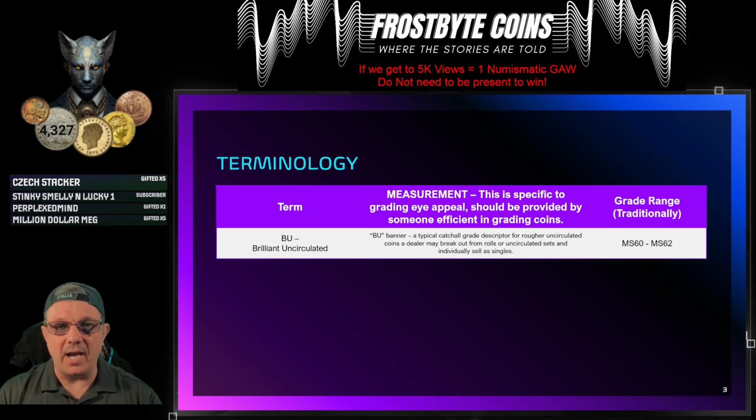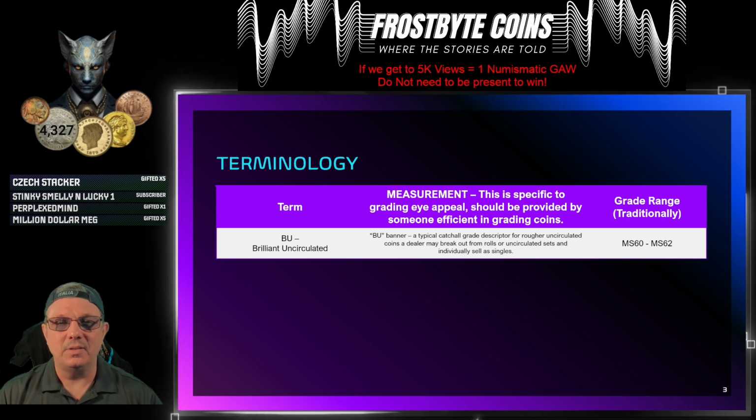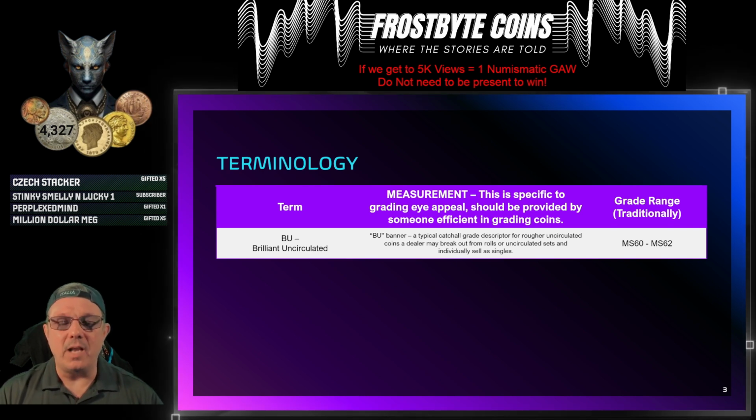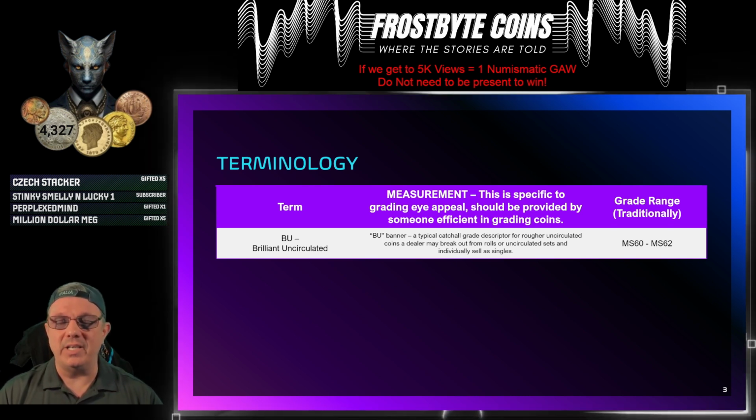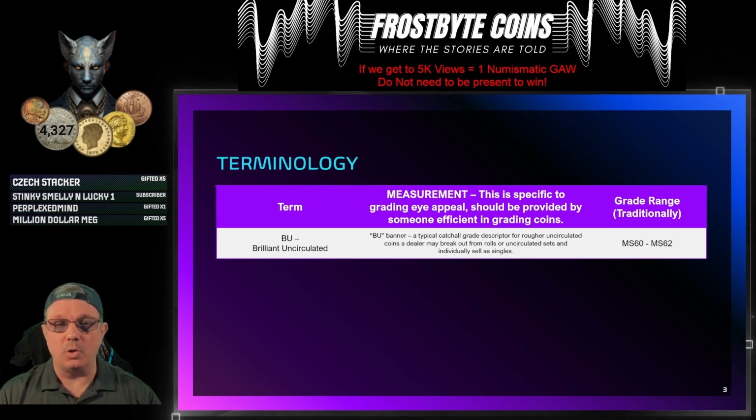So if you want the higher grade coin for $10 more that's already slabbed, it's a no-brainer. Now, if you don't like slab coins, or you just want the gold, or you just want the coin to go in a tube because you collect them, or maybe you're trying to fill an ASC, maybe you're trying to fill the maple or something like that, then I understand that you would only want to buy the raw coin.